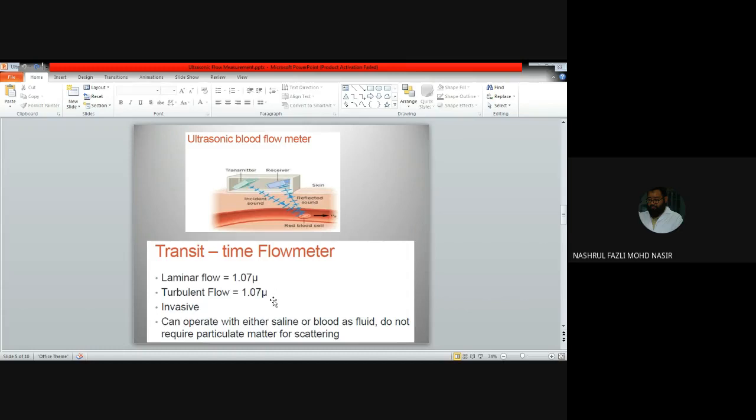It can be invasive, can operate with either saline or blood as fluid, and does not require particulate matter for scattering. So saline maybe we can use for modeling, and blood if you want to measure a typical case for biomedical engineering.